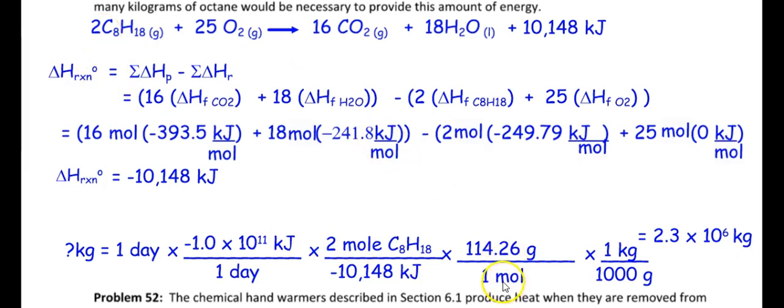And then 1 mole of octane is 114.26 grams. And then, of course, they want kilograms, so I put 1,000 grams on the bottom, 1 kilogram on top. And that's how many, you're talking about 2.3 million kilograms of octane every day to fuel the energy for the city. That's crazy. Let's do one more problem.